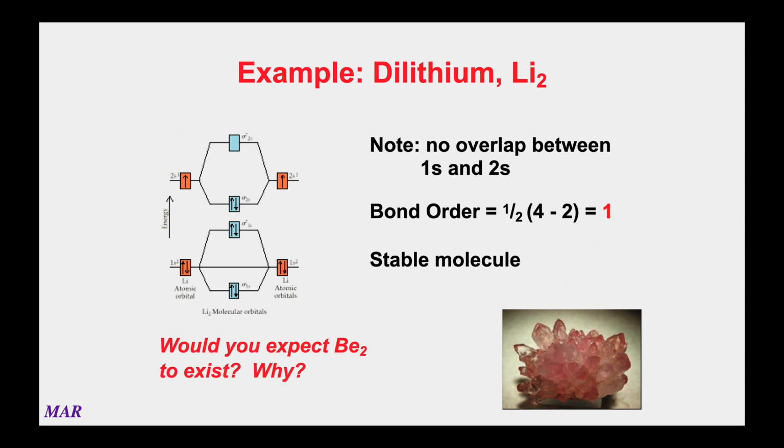Would you expect diberyllium to exist? Now, beryllium has 1 more electron than lithium. So beryllium would be a 1s2, 2s2. And if you're going to have diberyllium, you'd have 2s2 on the left and 2s2 on the right. And those extra 2 electrons would end up in the sigma star 2s orbital.